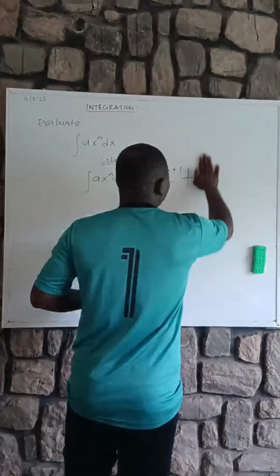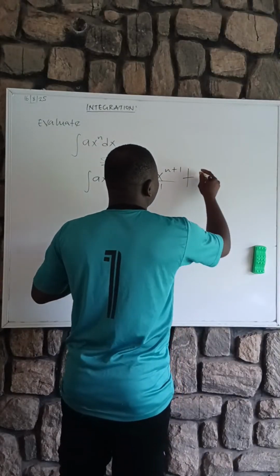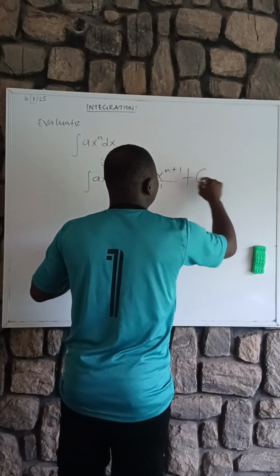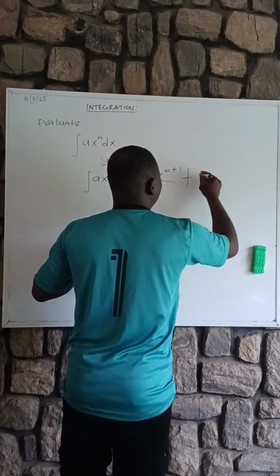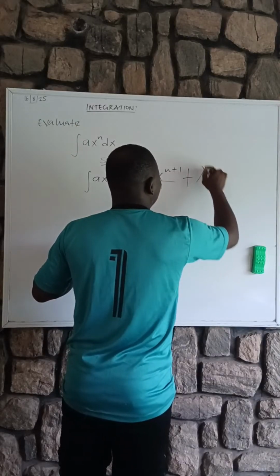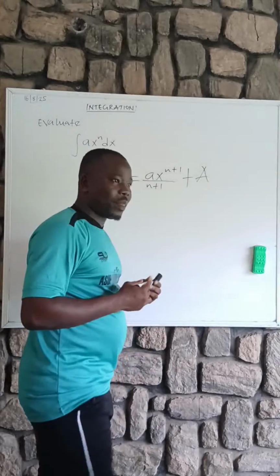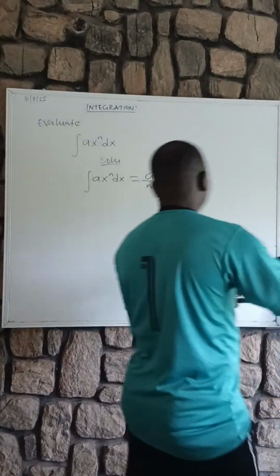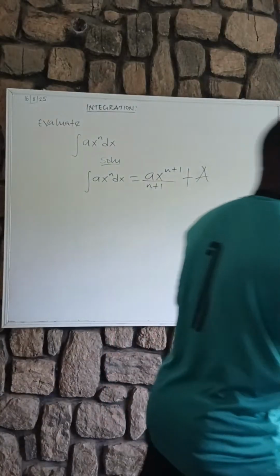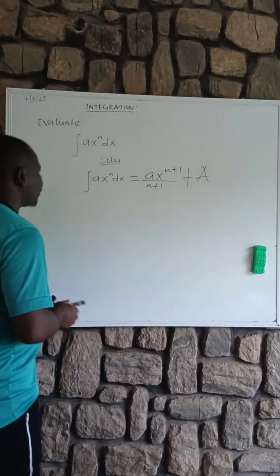Not necessarily b. Somebody can use k, or c, or d, or a. Is that clear? Any alphabet. Do you understand? So let us fix idea with an example.